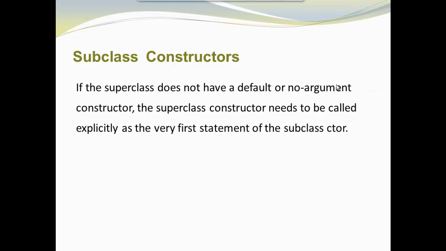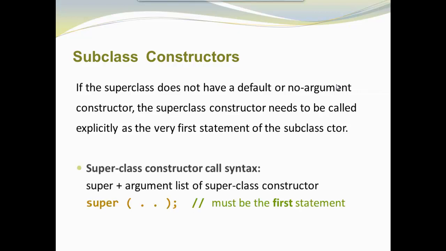And Java does not know which arguments to fill in for us, so it cannot call those constructors implicitly. It is the responsibility of the software developer to call the superclass constructor explicitly with the right amount and type of arguments if no default or no-argument constructor exists.